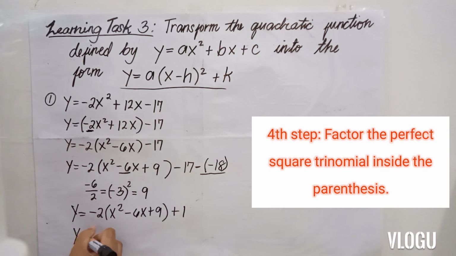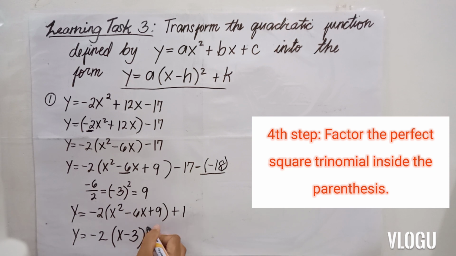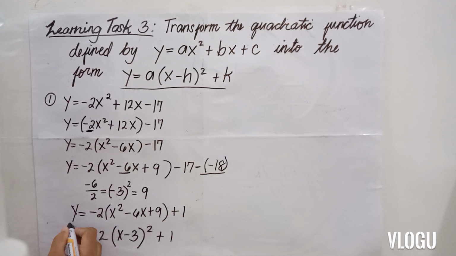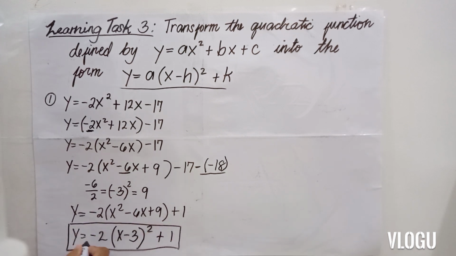We have y is equal to negative 2. The square root of x squared is x. And the square root of positive 9 is positive 3 and negative 3. But since negative ang ating linear term, we're going to use negative 3 squared plus 1. Therefore, our quadratic function is y is equal to negative 2 times x minus 3 squared plus 1.